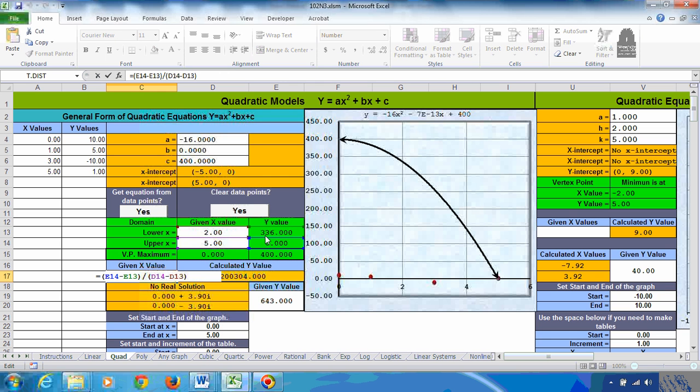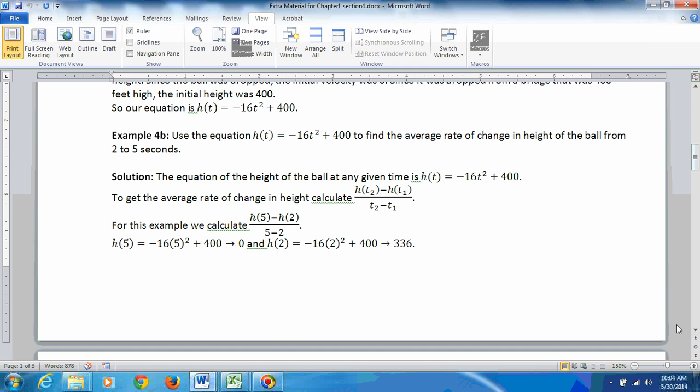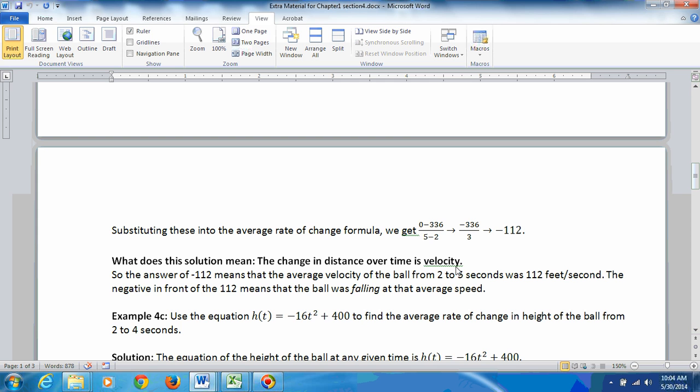And whatever order you subtract these, you got to subtract these in the same way. I did this one minus this one over this one minus this one. So the answer to that is negative 112. And that's actually what we got when we worked this problem out, pencil and paper here too. And that's how you get your average rate of change.